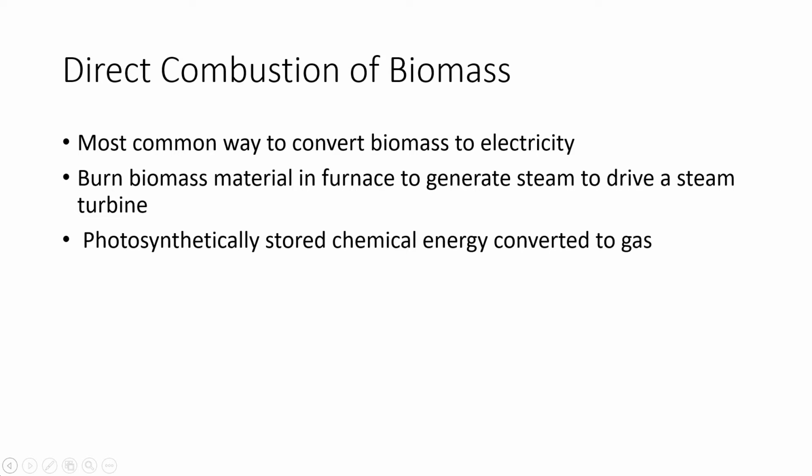One of the most common ways to convert biomass to electricity is through the direct combustion of biomass, and this is basically just burning biomass material in a furnace to generate steam, which in turn drives a steam generator.